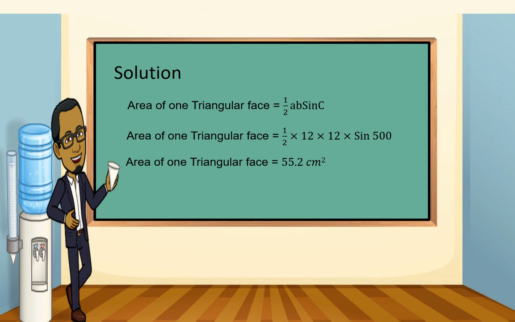This was found by multiplying a half times 12 times 12 multiplied by sine 50 degrees. But wait, we had 4 identical faces, so we will multiply this by 4, giving us a total of 220.8 squared centimeters to be our result.